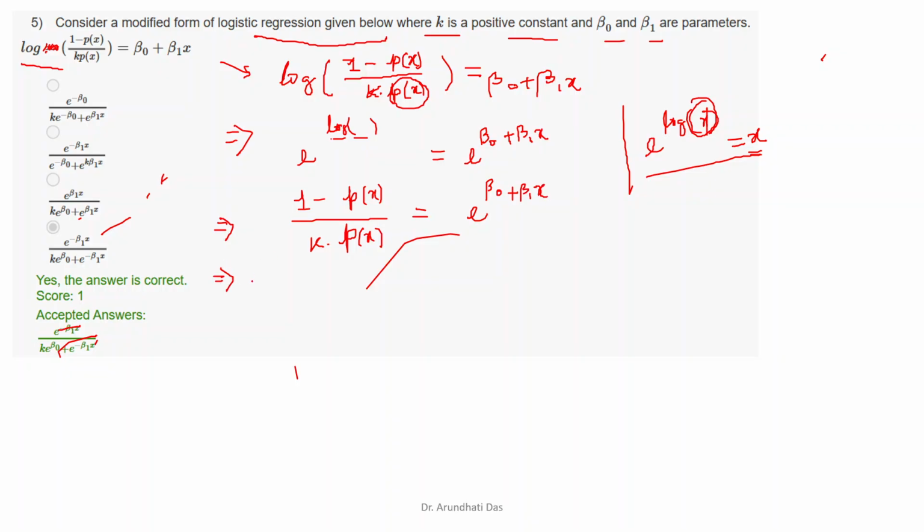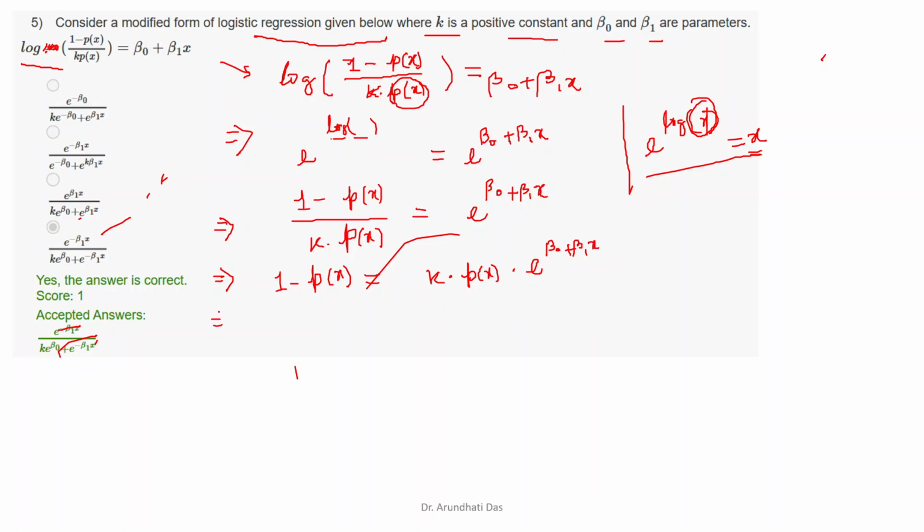Further we can simplify, like 1 minus p of x, I can bring this down to the right hand side, equal to k multiplied by p of x multiplied by e to the power b naught plus b1 x.